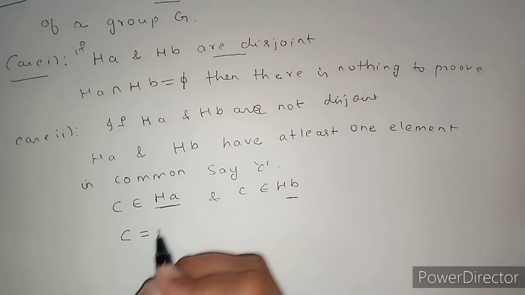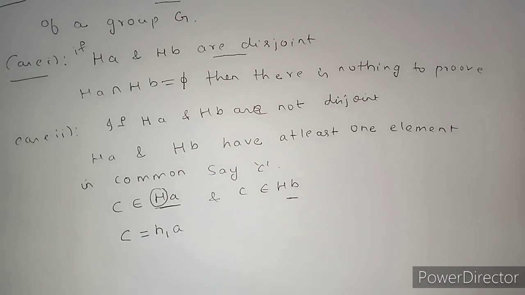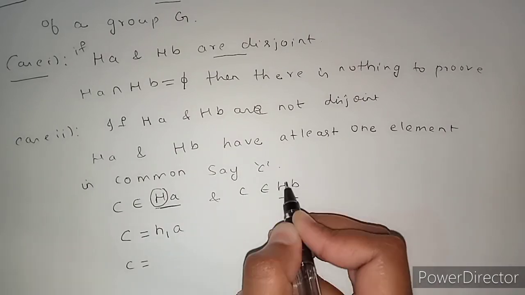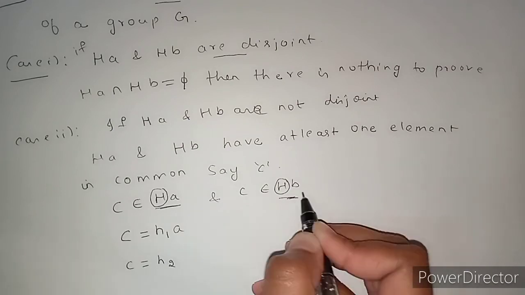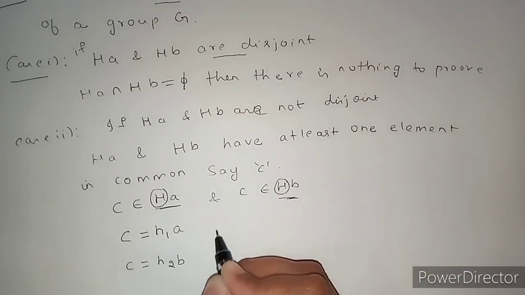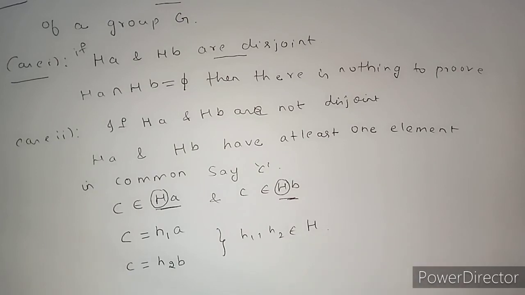Now c will be in the form of first element of subgroup H, h1, and a as it is. Next, c is equal to an element of subgroup H, let us suppose h2, and b as it is. Here h1, h2 belong to subgroup H.